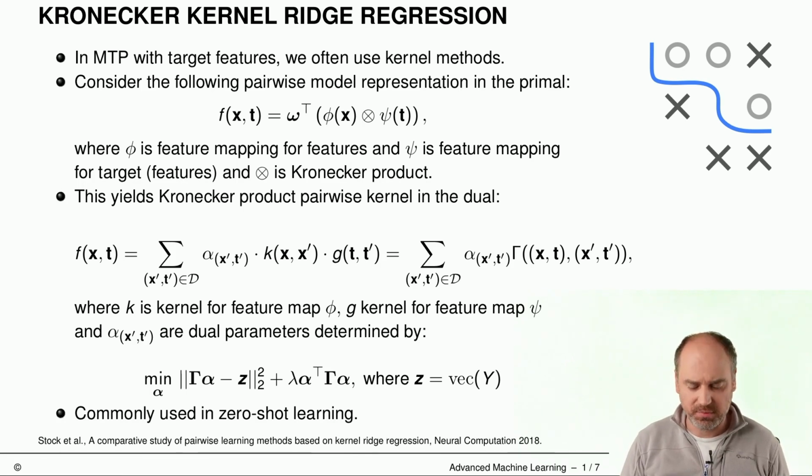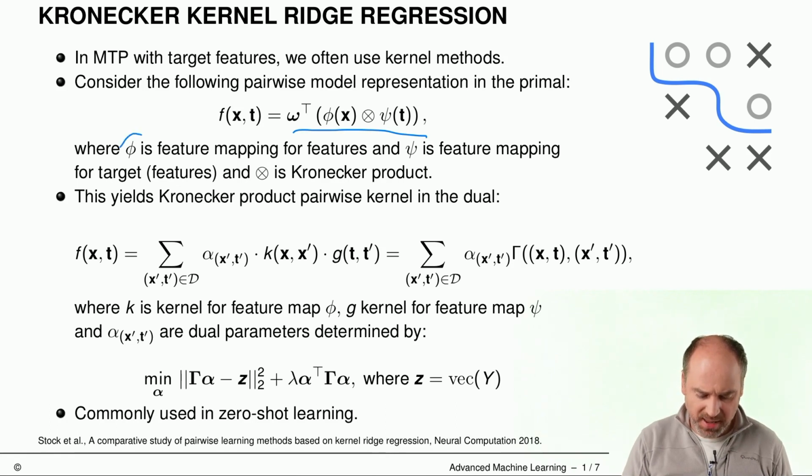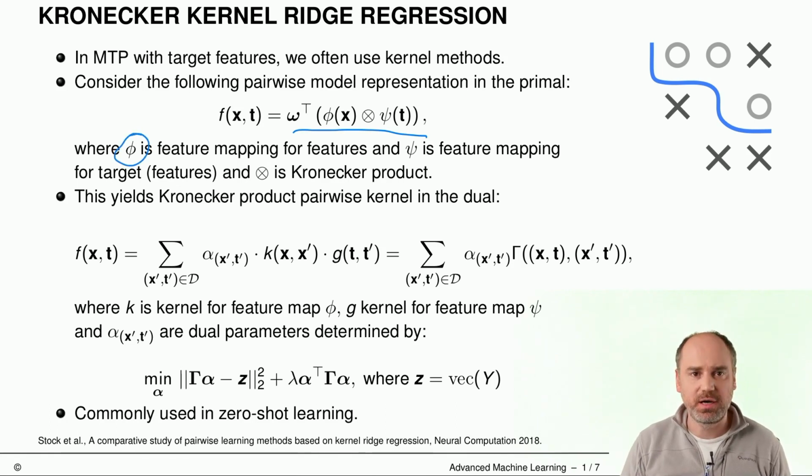We could look at something like f of x comma t, where x are our inputs and t would be our targets. This would be represented by this formula, where we have some feature mapping, some feature extraction phi, which works on our feature vector x, and a feature mapping for our target features, and then a Kronecker product between these two in the model.